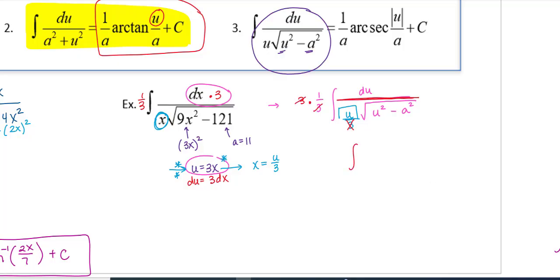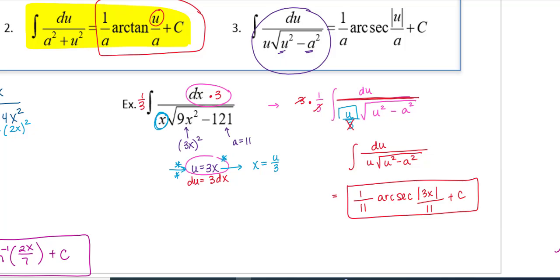So I may not have actually noticed, but I did deal with the u substitution. This is what I have now, and that is exactly my inverse secant formula. So I have 1 over the a, which was 11, arcsecant of the absolute value of your u, which was 3x, over 11, plus c.